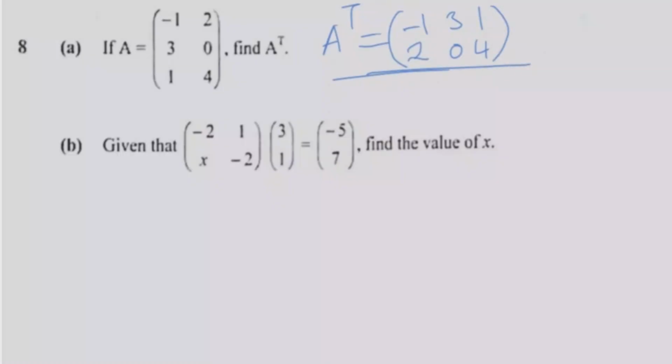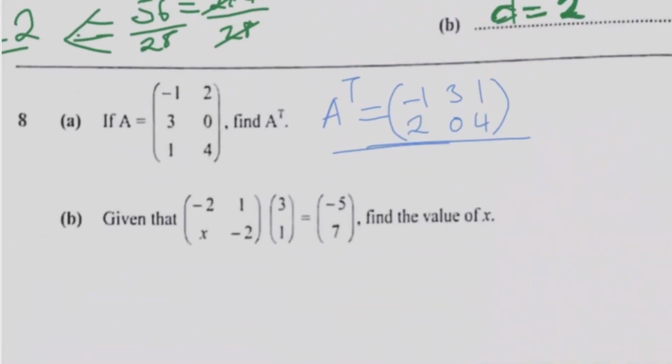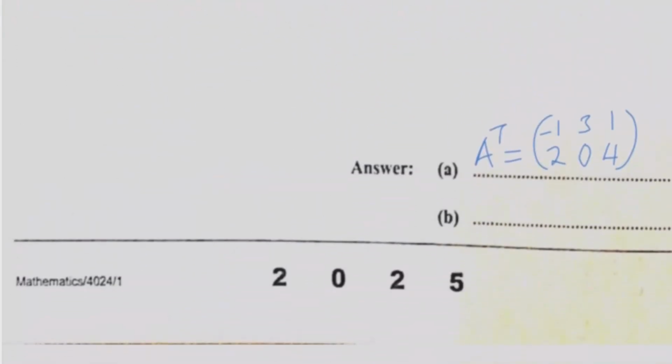So we can record this answer down here where the answer is supposed to be: A transpose is equal to, open bracket, negative 1, 3, 1, 2, 0, 4, then close bracket. That's how you answer them. Let's hope I haven't made mishaps on numbers, so that is how you write the transpose.